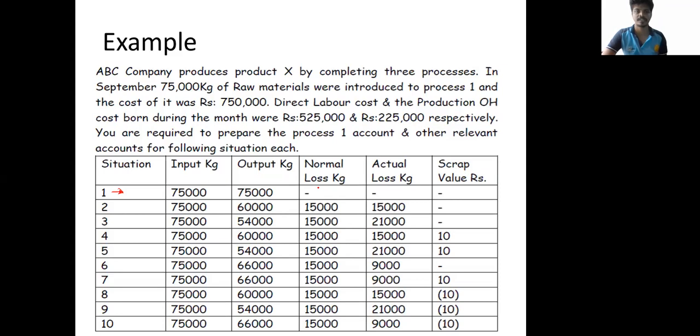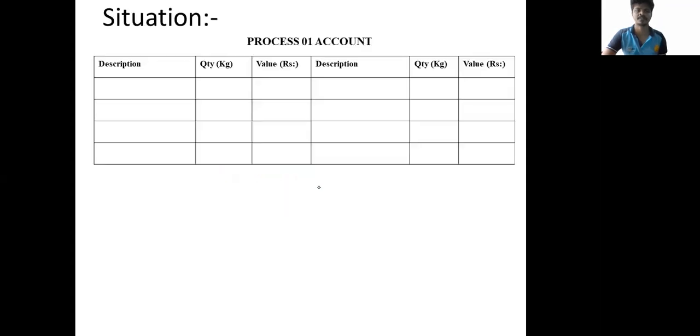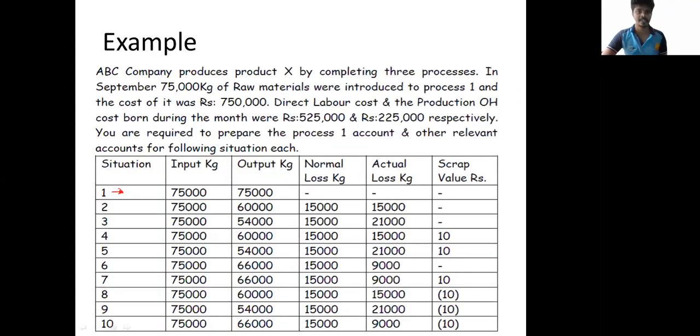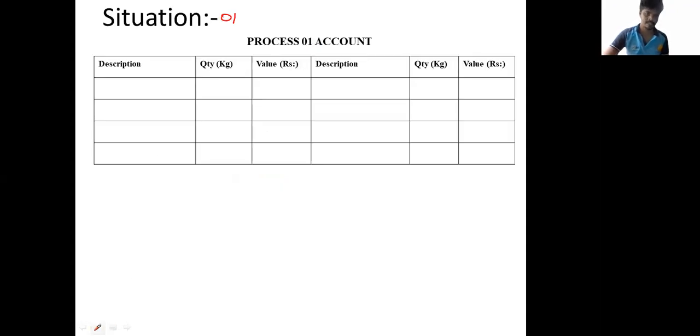Okay, so let's record the first one. So already I will put here, this is situation number 1. Draft a process account like this. So here 75,000 inputs, 75,000 outputs. Direct material cost started from the 75,000 of raw materials introduced. Then direct material we can insert from the debit side.